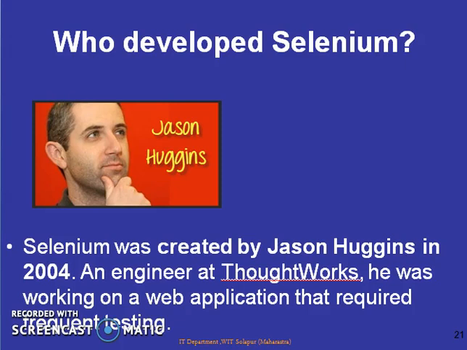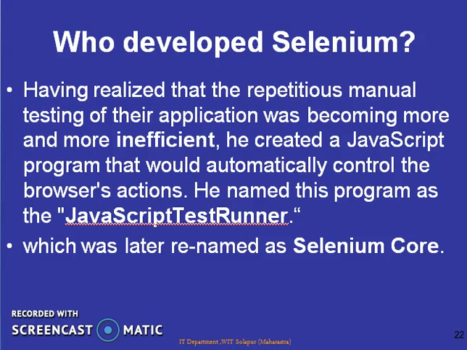So next we'll discuss who developed Selenium. Selenium was created by Jason Huggins in 2004, an engineer at ThoughtWorks, and he was working on a web application that required frequent testing.